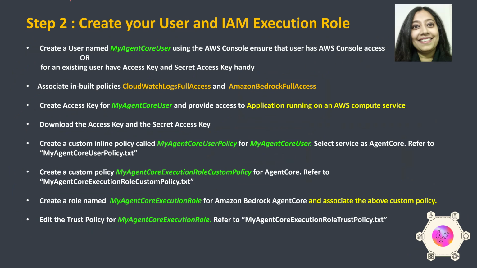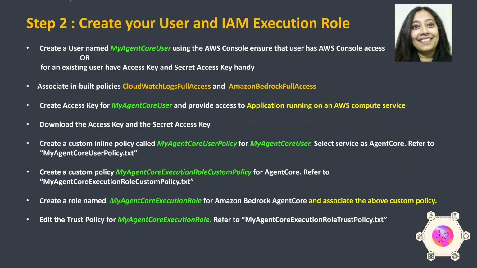After we create the user and associate the policies, we will create an access key for this particular user. And this access key should basically provide access to running applications on an AWS compute service. And finally, once we provision the access keys, we will download the access keys. That is a secret access key and the access key for this particular user. So these are the different steps that we need to take.